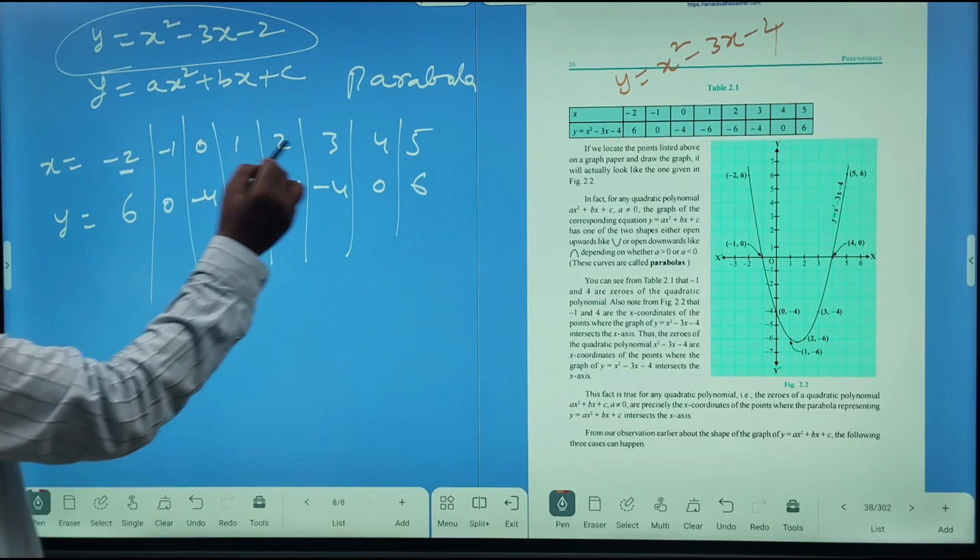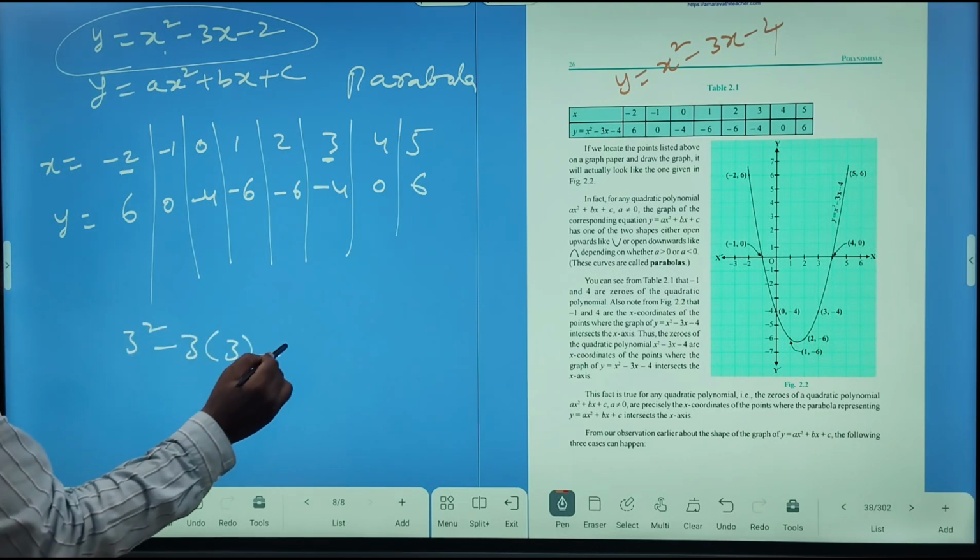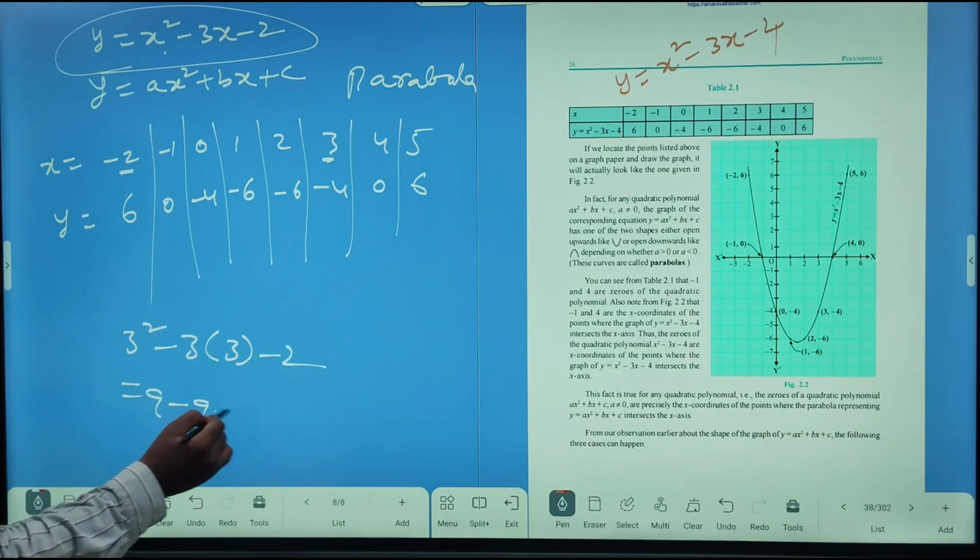If you substitute 3 here, you will get 3 square minus 3 into 3 minus 2, that is 9 minus 9 minus 2.